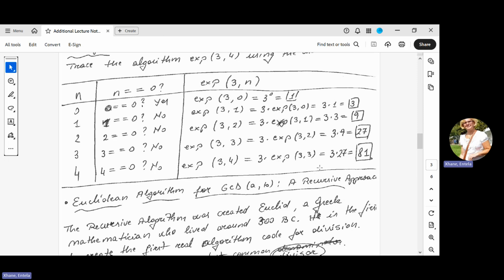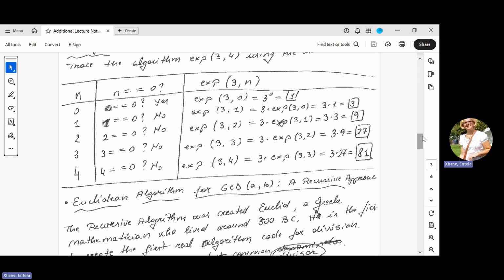And the exponential of base 3, exponent 3 is 27. So that's going to be 3 times 27, which is 81. Now, this is the second application of an algorithm code, known as the application of the exponential algorithm. And the function, again, is given as a piecewise defined function known as the exponential function.